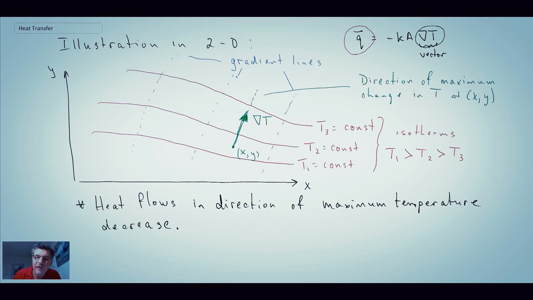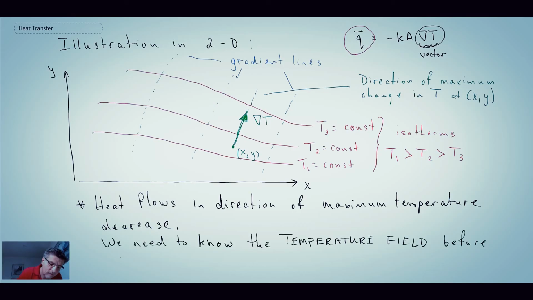So in order to proceed with this and start doing calculations, we need a way to find out what the temperature is within an object. We need a way to find the temperature field, and that's what we're going to do in the next segment. We're going to derive an equation. It's going to take a little bit of time.